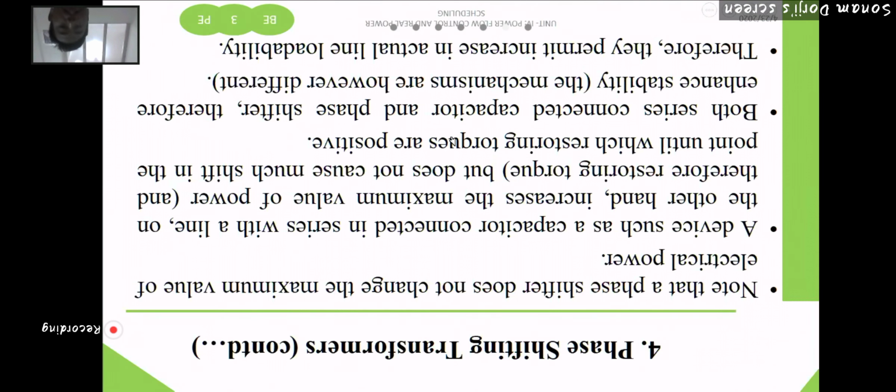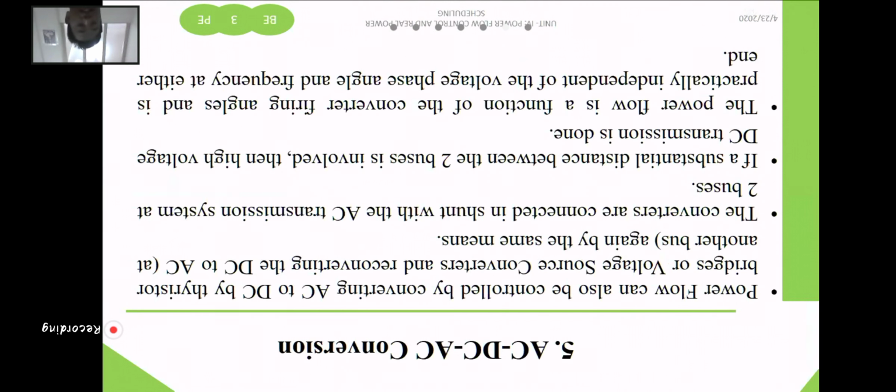So this is the difference between a phase shift transformer and series capacitors. Both are controlling the power flow, but one is just regulating, and the other is trying to increase the maximum value. Okay, so that's about the phase shift transformer.